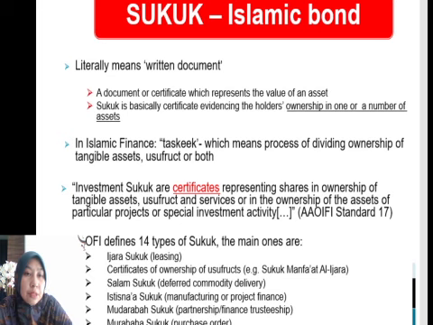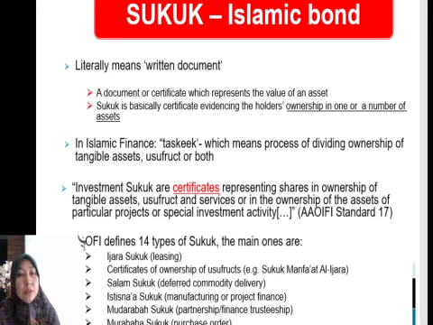So in Islamic finance, the word sukuk comes from taskik, which means the process of dividing ownership of tangible asset, usufruct or both. Basically, when a company wants to offer a sukuk, it actually collects investment funds from the public. When they offer sukuk, that sukuk must represent a certain project that has an asset.